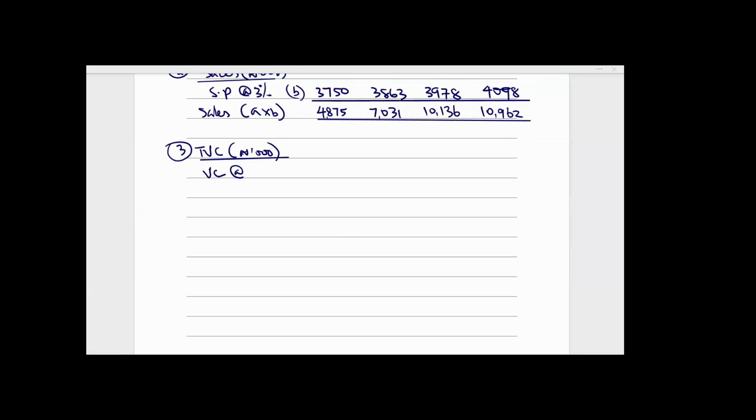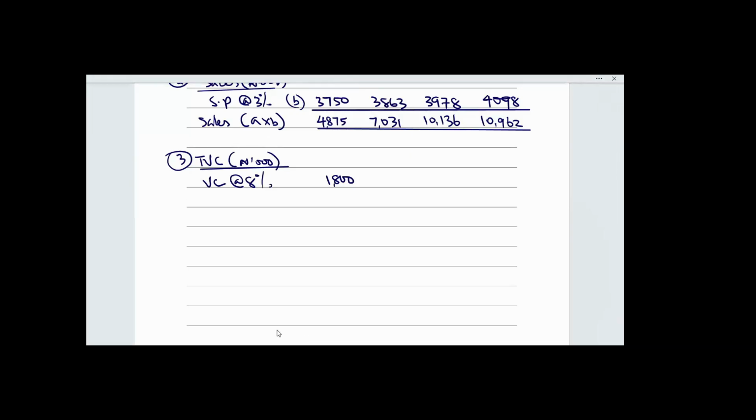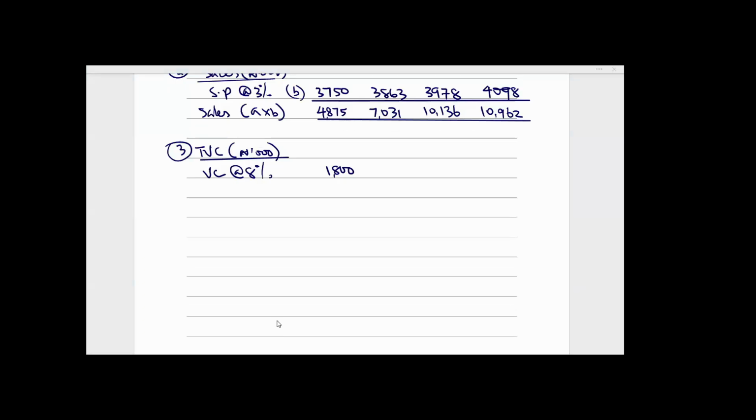So variable cost is 1,800 in the first year. Inflation rate is 8%. Therefore, from my calculator, 1.08 multiplied by 1,800.